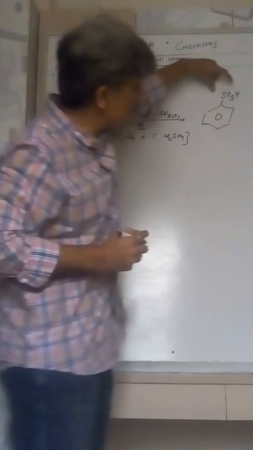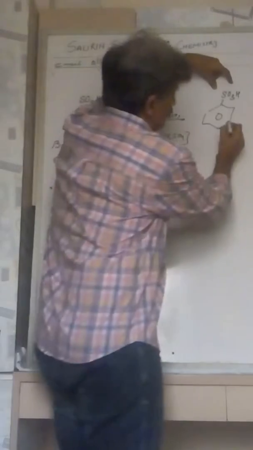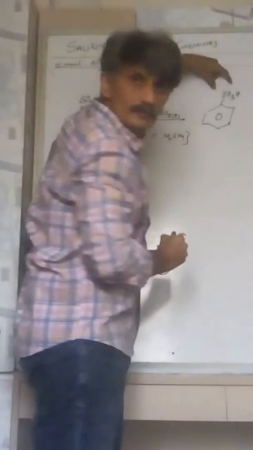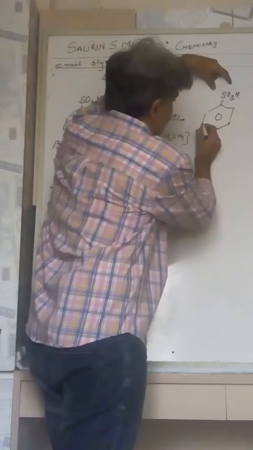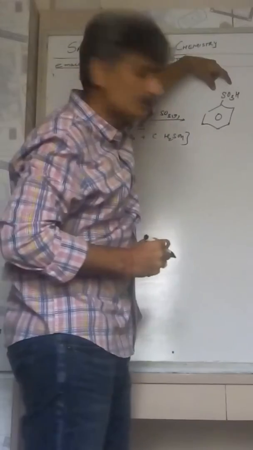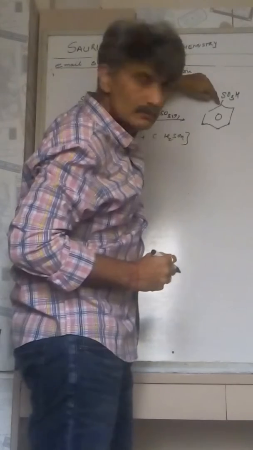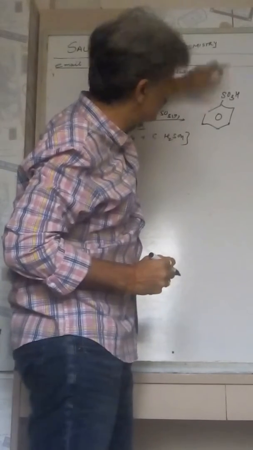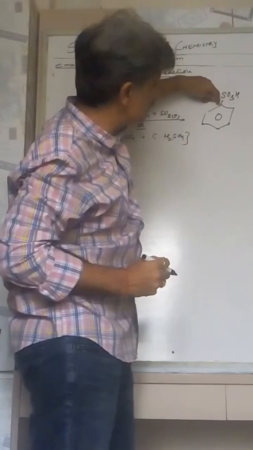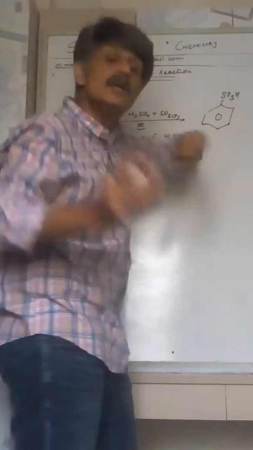Now you can see with respect to SO3H, this carbon position or this carbon position are the same. Means if this is carbon 1, then this is second and this is third. On the right hand side you can see if this is carbon 1, this is second and this is third.